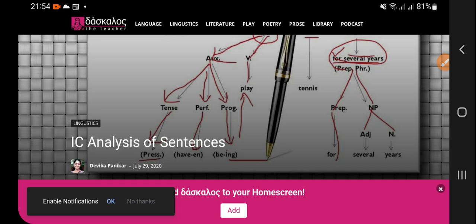And at last you will tell the grammatical position of the word, because we know that there are 8 parts of speech, right? Noun, pronoun, verb, adverb, adjective, conjunction, preposition, interjection.